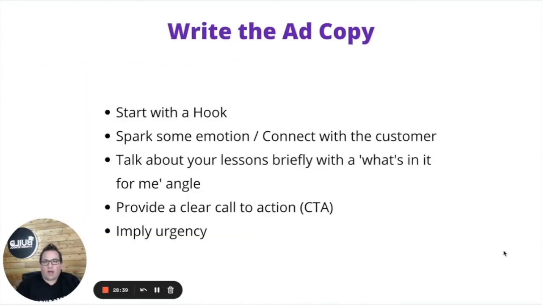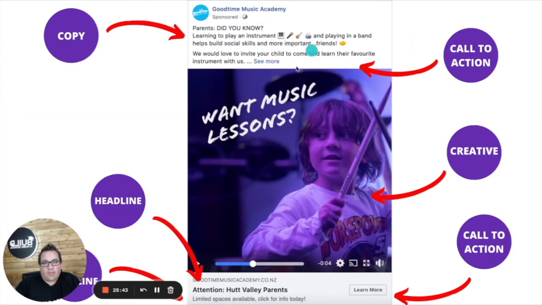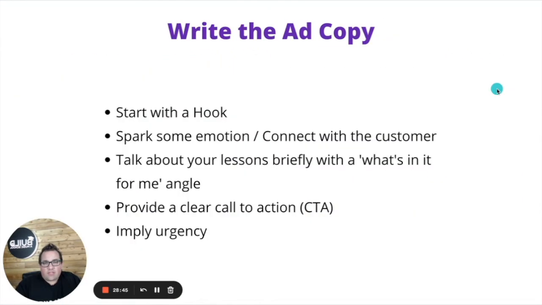Next, you need to write the ad copy. So remember, the ad copy is this bit up here. And for this, what we want to do is start with some sort of hook. We want to spark some sort of emotion or connect with the customer. And then we want to talk about our lessons briefly with a what's-in-it-for-me angle. This is important. You don't want to just talk about how great you are and blah, blah, blah. It's one of the big success things for our school, just making everything about the customer. They're the hero.